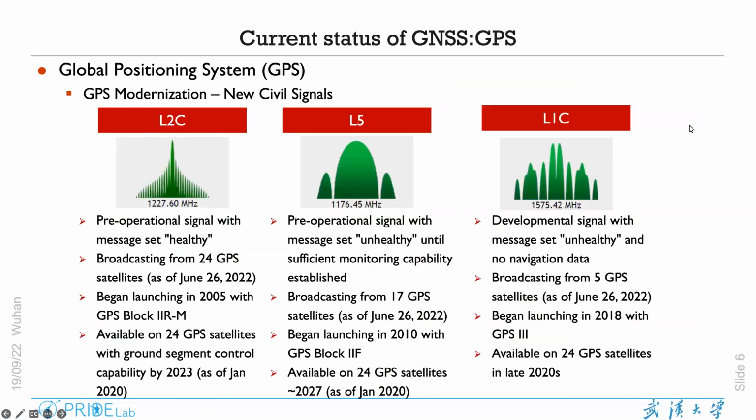Then GPS satellites have 3 frequencies. The first one is L1, the second one L2, and the third one is L5 signals. Here we have some new signals embedded in the GPS frequencies, such as L2C and L1C.